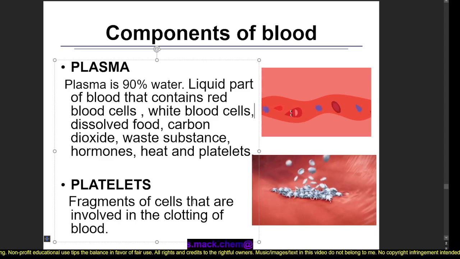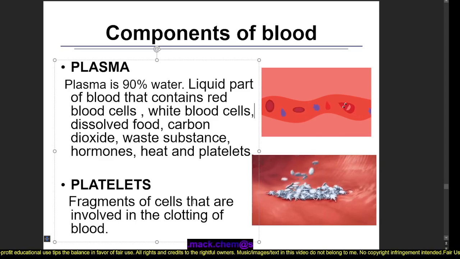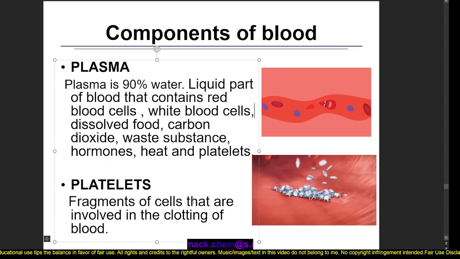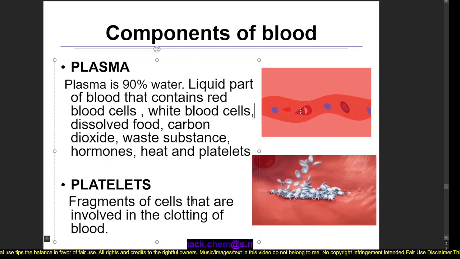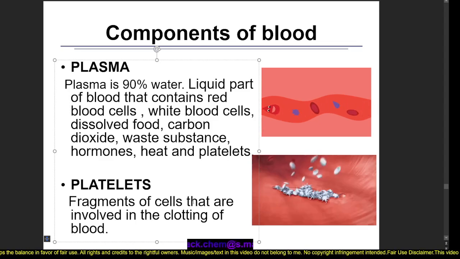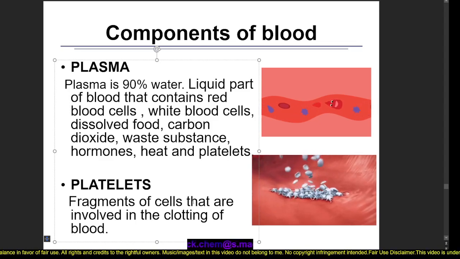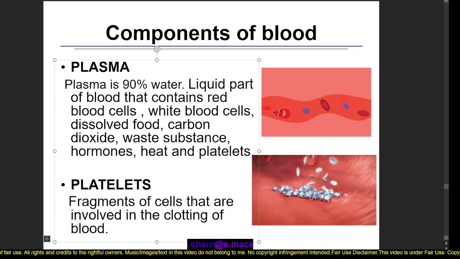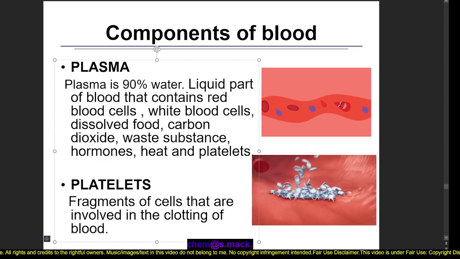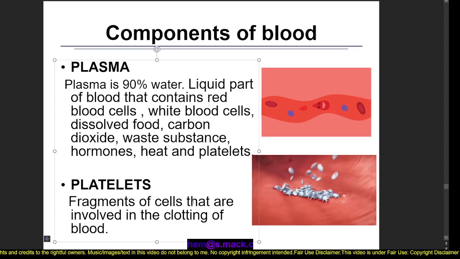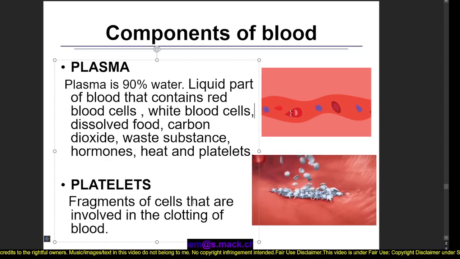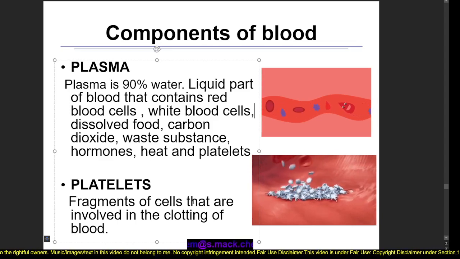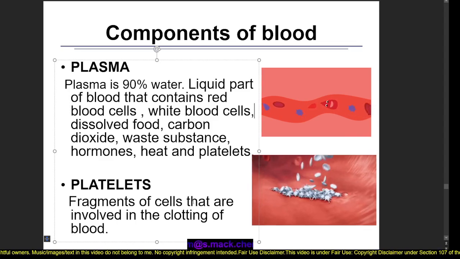Let's talk about platelets. Now, from the name platelets, you can think of a platelet looking like broken parts of a plate, right? Based on this description, you can understand where the name platelets came from, because we refer to the fragments of cells, right?